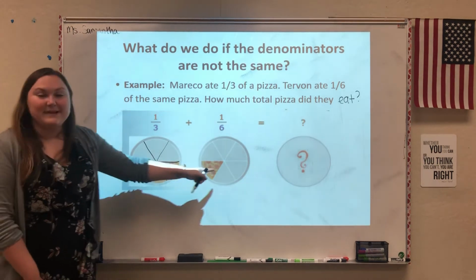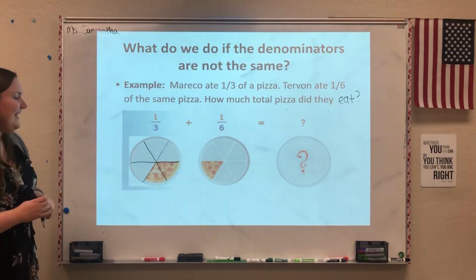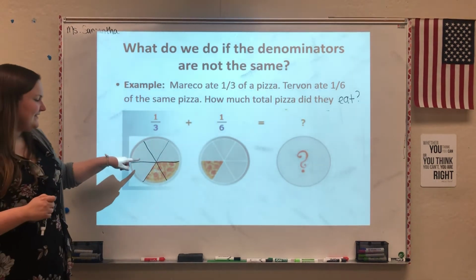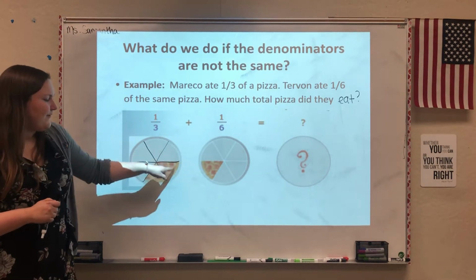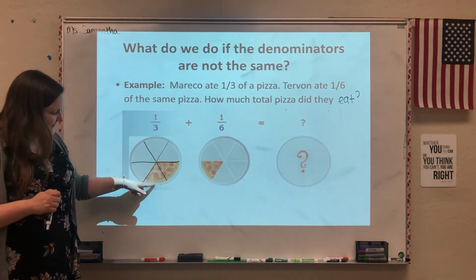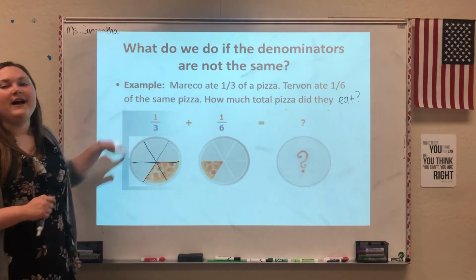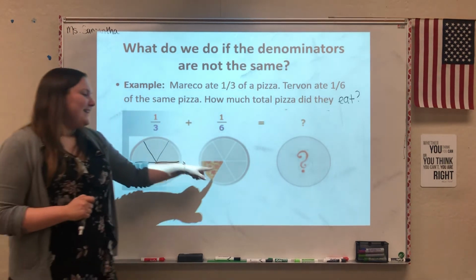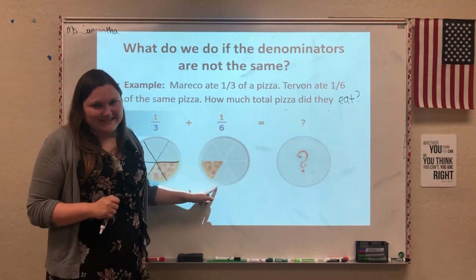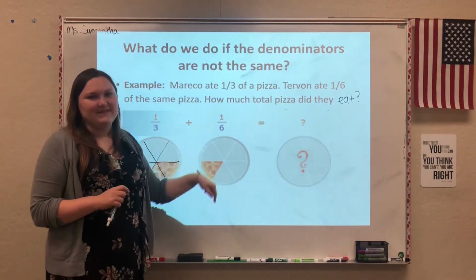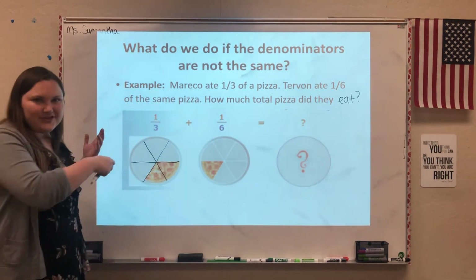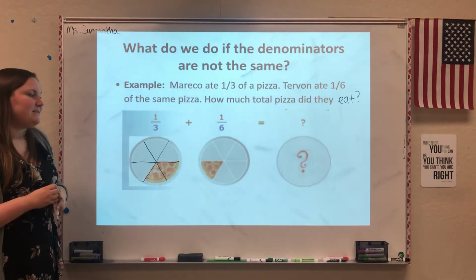Now it's cut the same way this pizza is. And I can see, okay, his pizza is in 1, 2, 3, 4, 5, 6 slices, and he ate 2 of 6 slices. His pizza is also cut into 6 slices, and he ate 1 of the 6 slices. Now that they're the same, we would be able to add them up together.